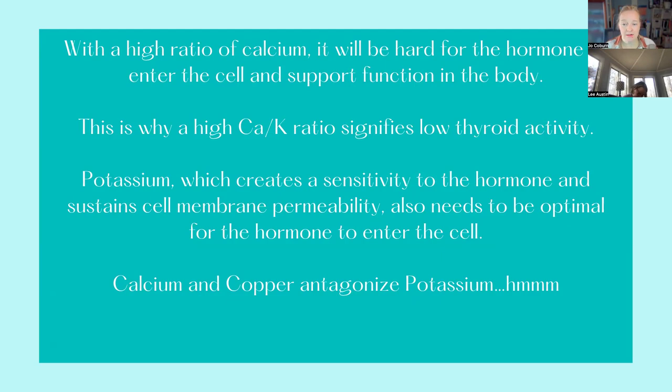And we know that calcium and copper both antagonize potassium. So this is why when you look at the HTMA, that copper piece goes into it, because they all affect each other.